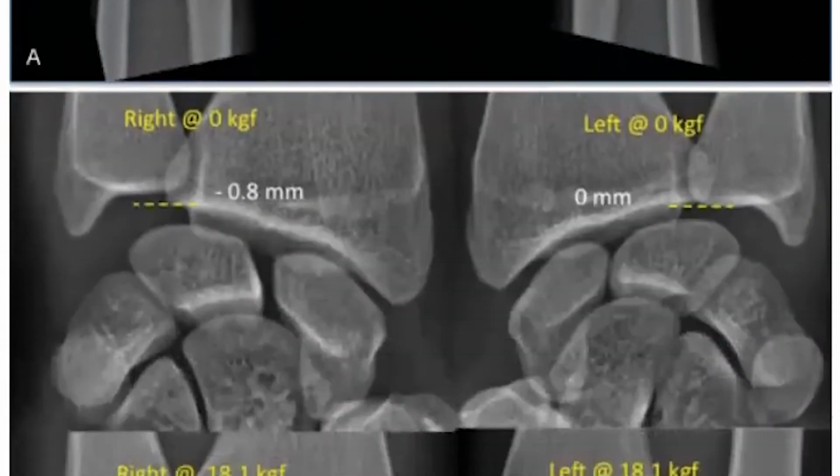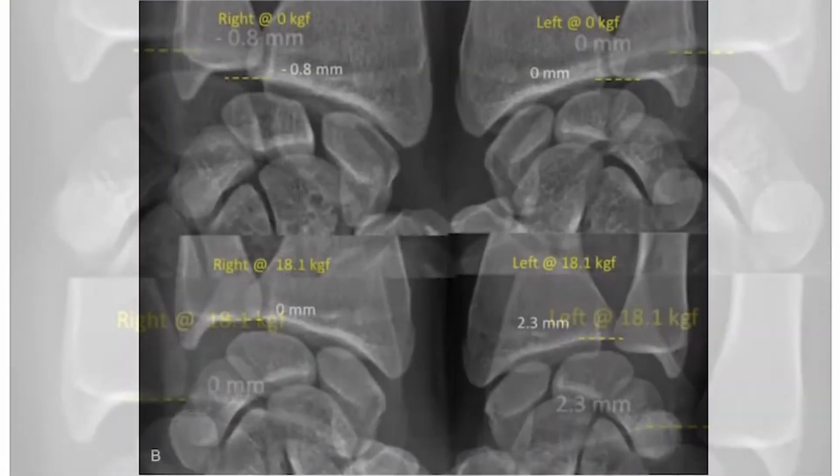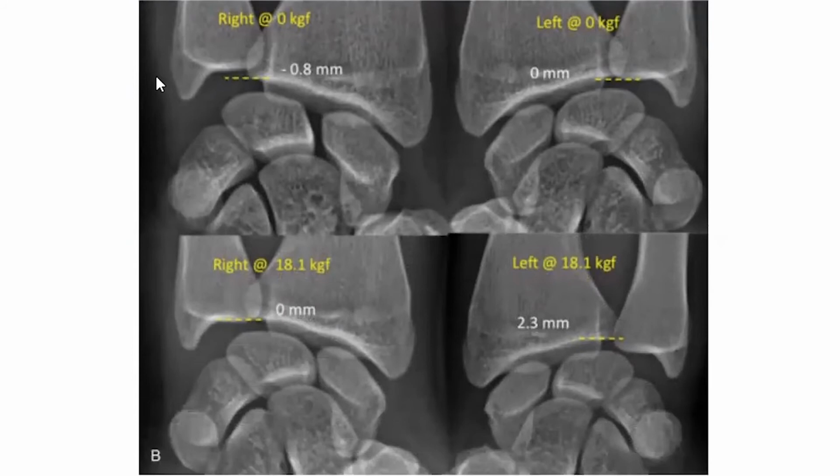Now we're going to go down. We're going to see something. This one is the right and the left without a load, that's 0 kgs. It looks like there's something going on here, something going on at rest.